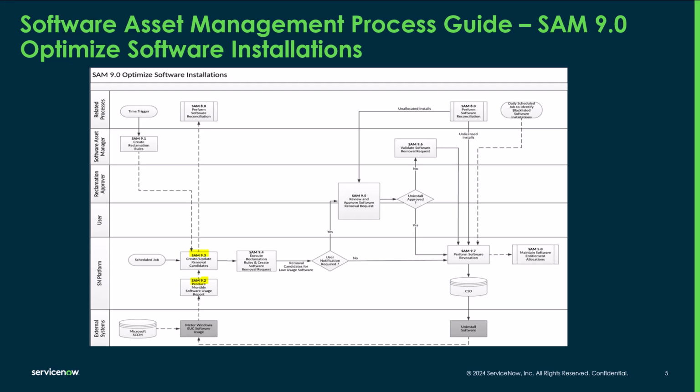So your reclamation candidates are going to be generated by reclamation rules based off that software usage. There's also SAM 9.4, which is execute the reclamation rules and create software removal requests. That's the process where the SAM manager is going to actually choose to reclaim the software. We'll talk about that in a minute. And so on and so forth. You do have the option to notify the users before you remove it or not, etc. We're going to go through that a bit more in the demo as we talk through the flow as well.